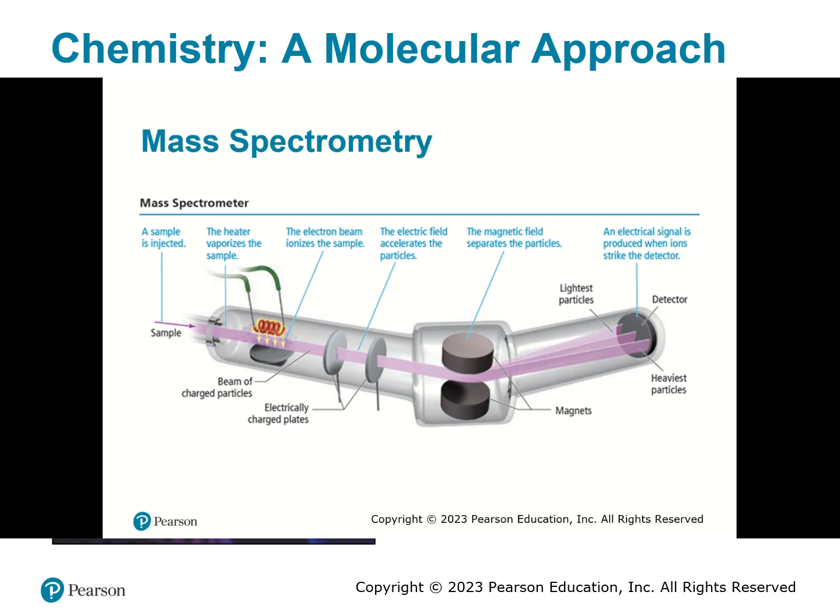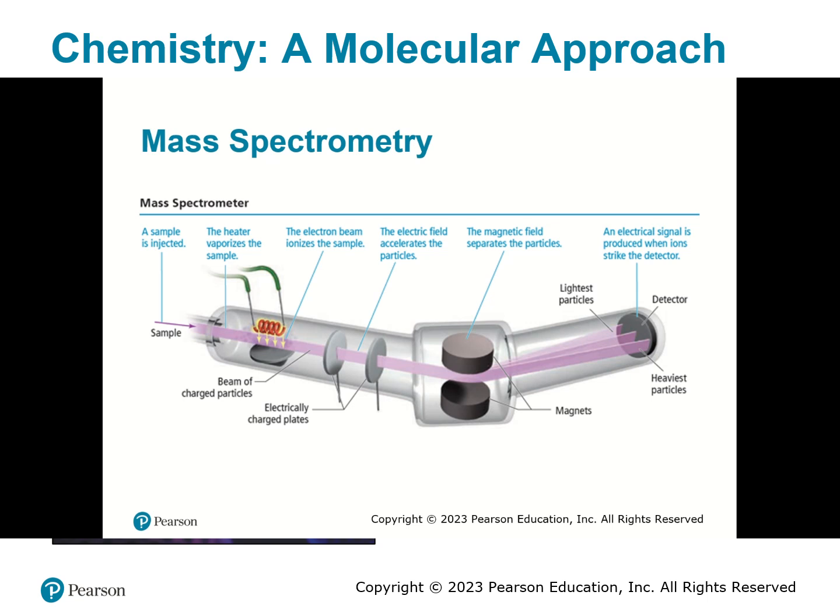A sample of a compound or an element is injected into the mass spectrometer. A mass spectrometer is a V-shaped tube. A pair of magnets is kept inside the tube at its vertex. A heater vaporizes the sample and electron beams ionize the sample. A beam of charged particles passes through two electric fields that accelerate the particles.